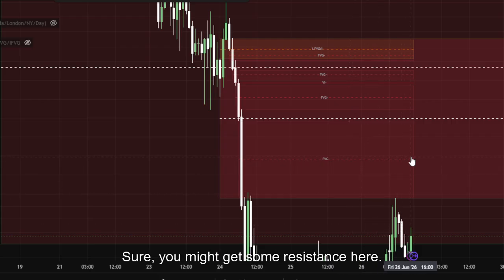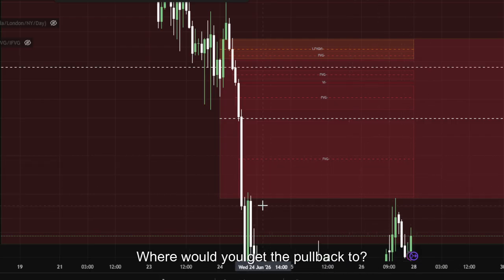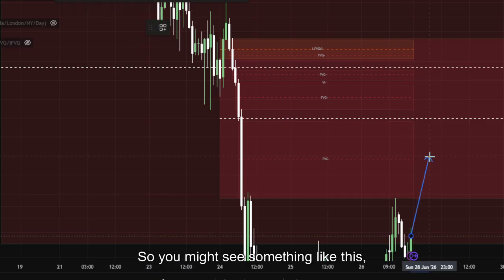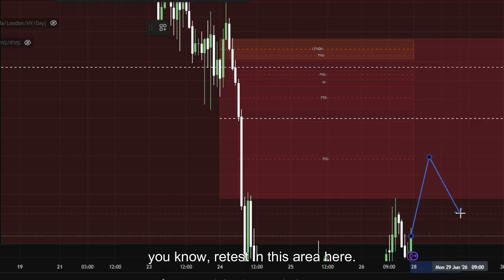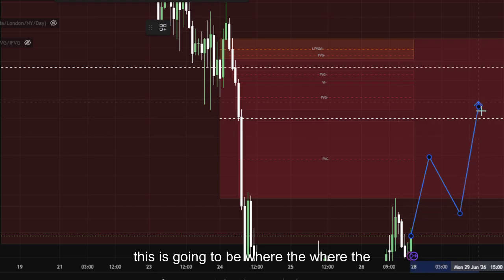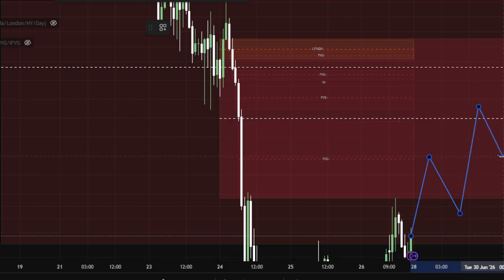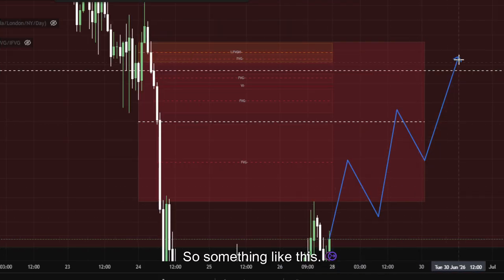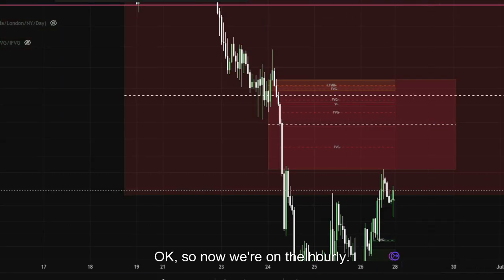Sure, you might get some resistance here. You might get a little pullback. Where would you get the pullback to? Probably somewhere around here. So you might see something like this, a retest in this area here. And then this is going to be where the primary battle is. So something like this.